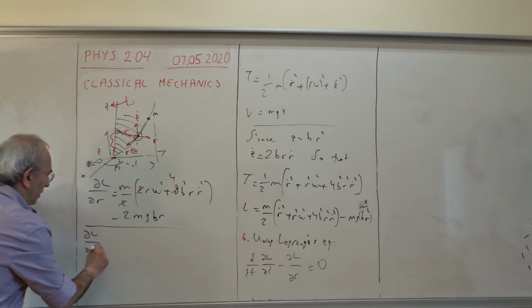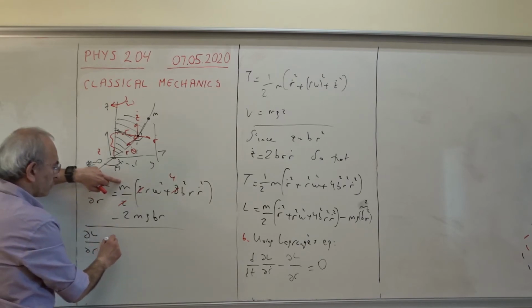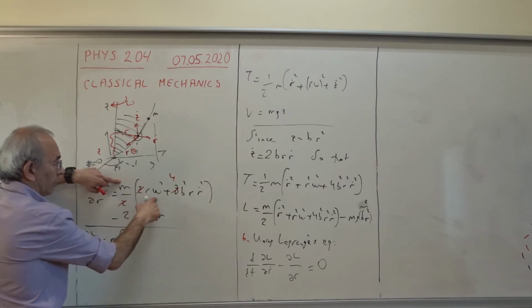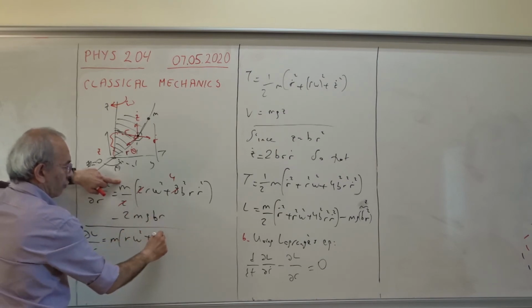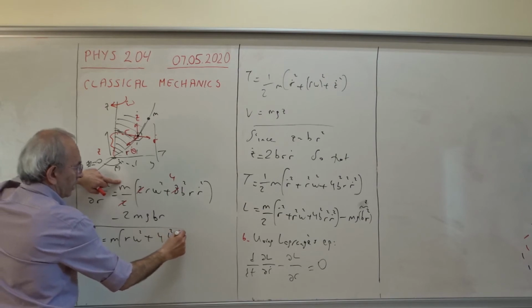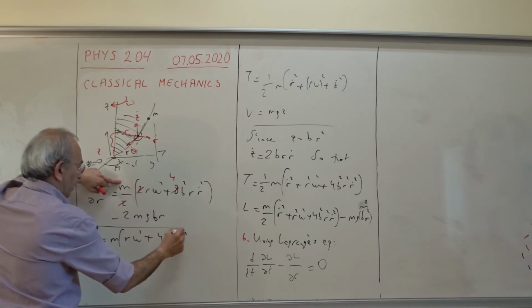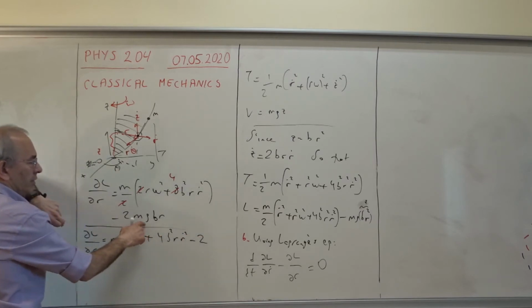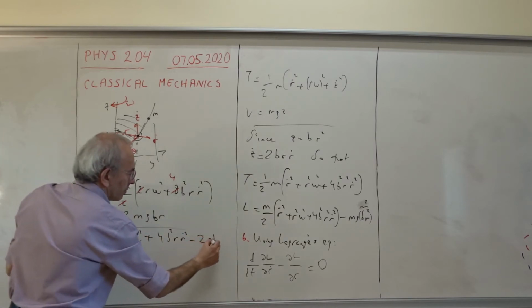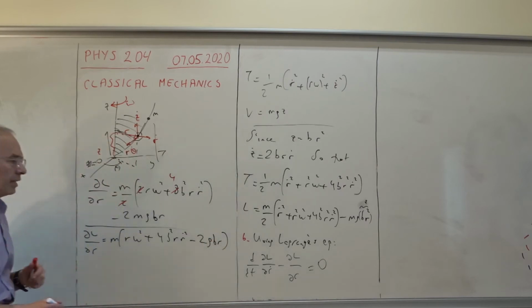Del L by del r is m times r omega squared plus 4 b squared r dot squared r, and next after m we have minus twice g b r. So this is del L by del r.